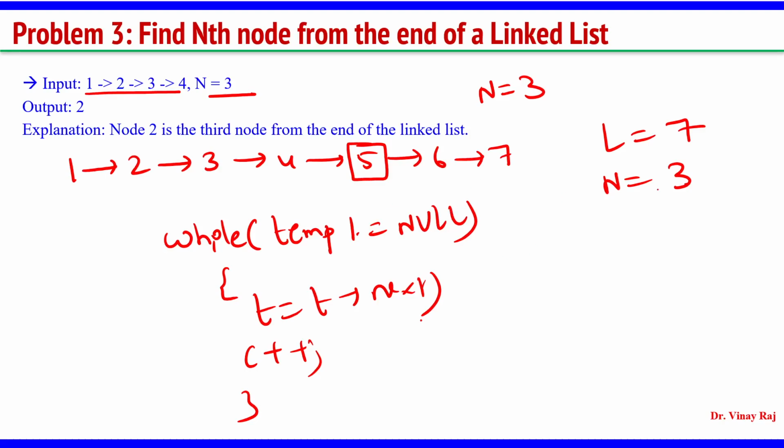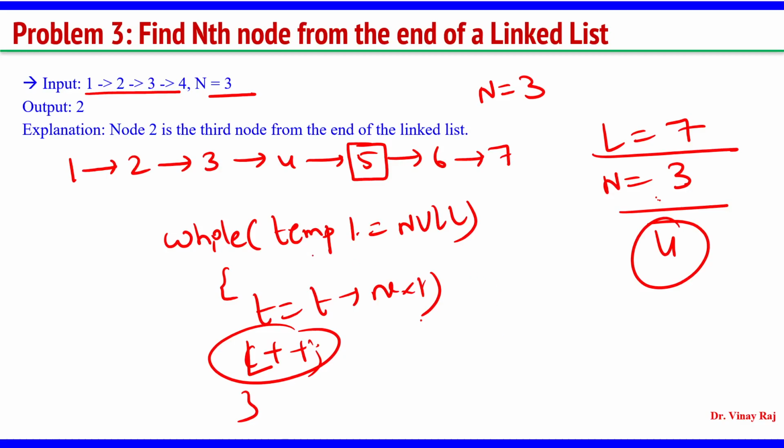You know the length L of the linked list and the number n given in the input. After this, you subtract, and you know the value is 4. So you have to do 4 times traversal. Wherever temp stops, that will be your answer.